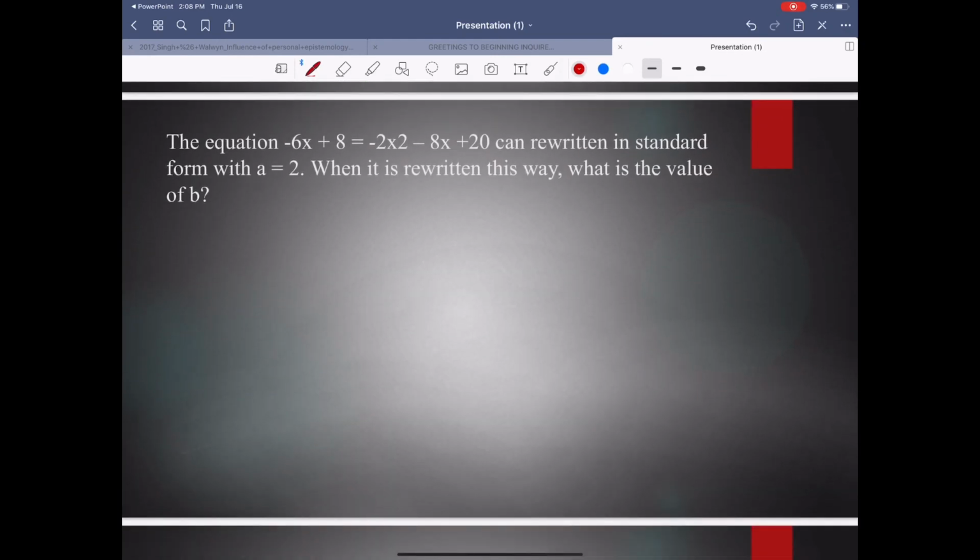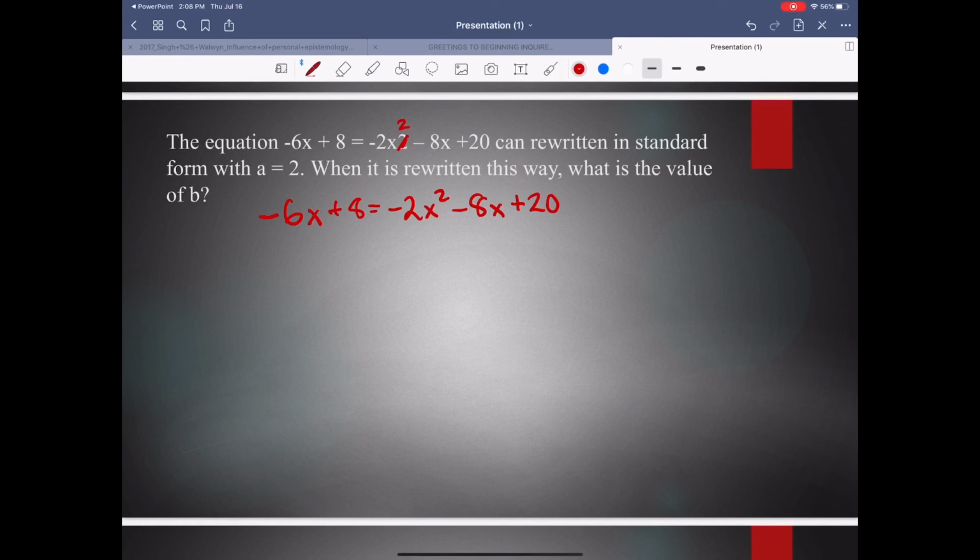Alright, so here's the first question. I already see a typo. That's supposed to be squared, so I'm going to rewrite it. As this stands, this is not in standard form.